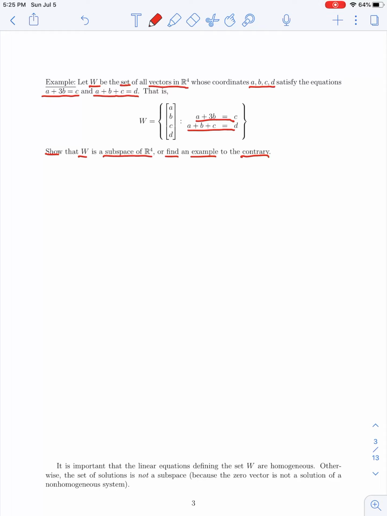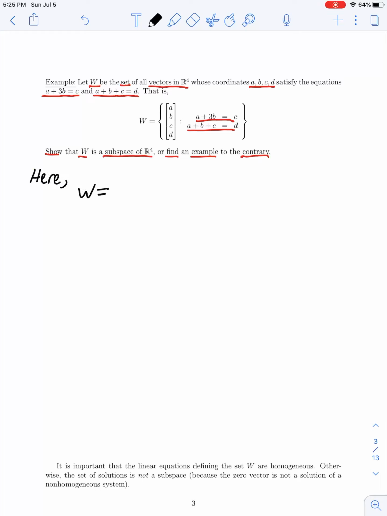There are a few ways we could go about doing this problem. One way is to make use of our new result regarding the null space as a subspace. If we rewrite the definition of this set W, we could express it in the following way.